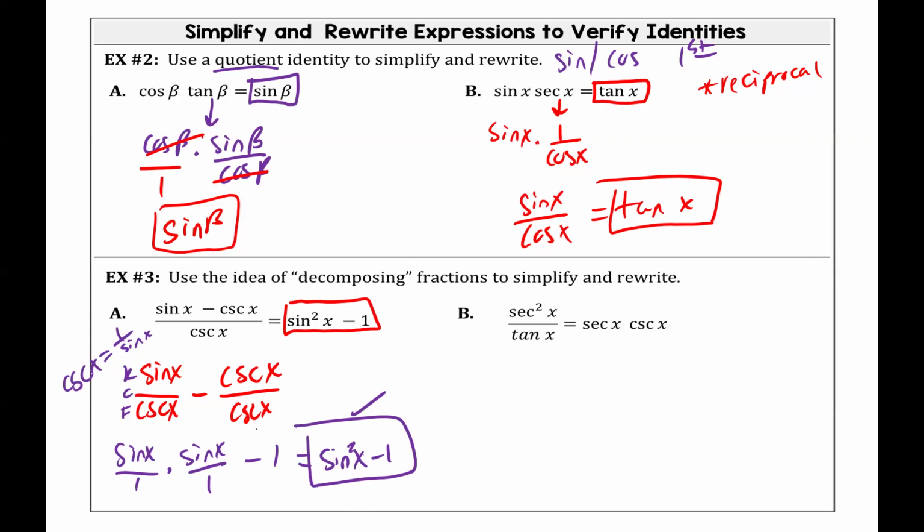Cosecant divided by cosecant? All right. So notice here in this term, we have secant x squared and tan x. The goal here is to first write everything in terms of sine and cosine. How can I write secant squared x in terms of sine or cosine?